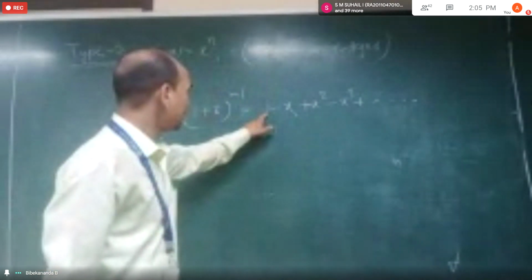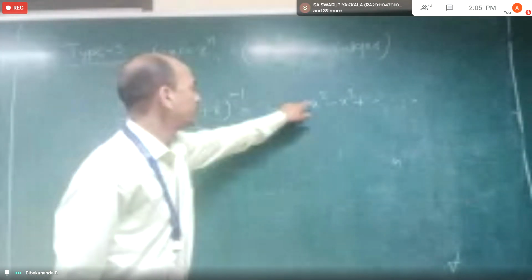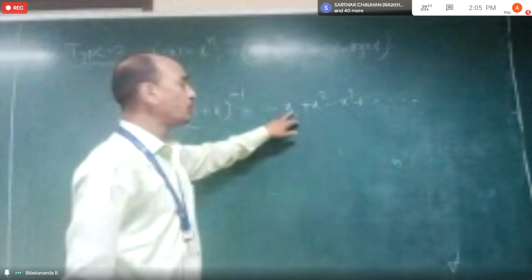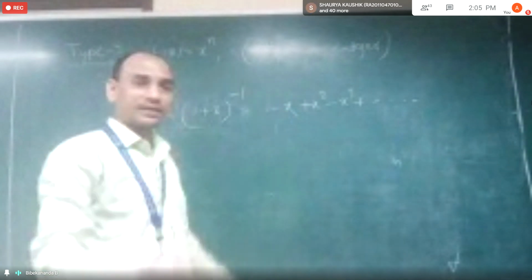That means each even term, meaning 1, 2, 3, 4, each even term is negative. Here 1, 2: 2 is the even term, x is the even term, meaning the position of x is even. Okay, so minus.